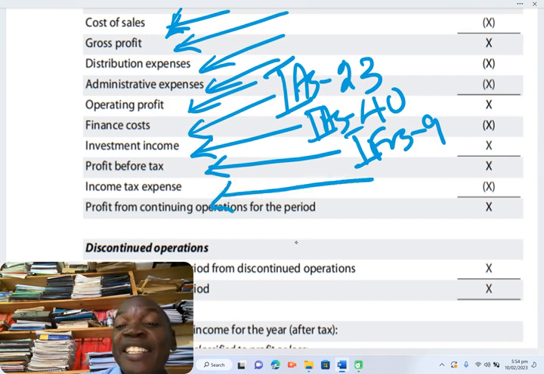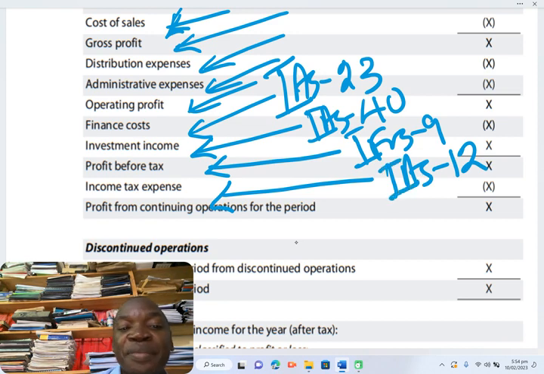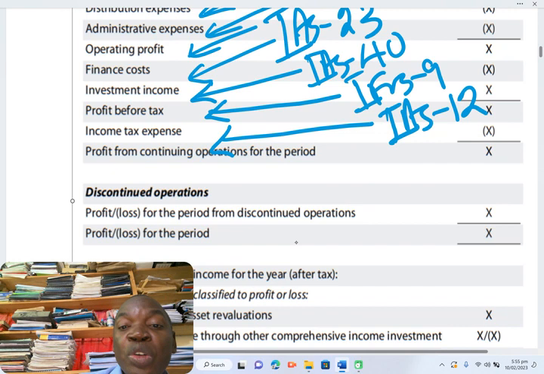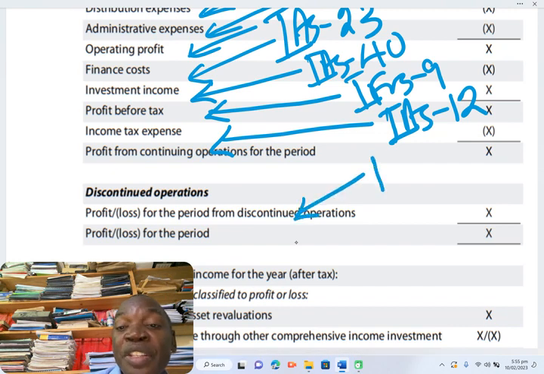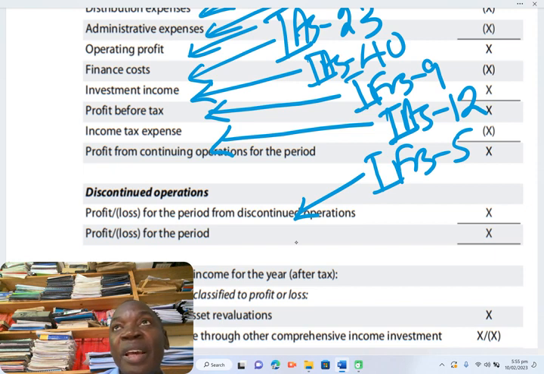Taxation, we have IAS number 12. Now discontinued operation, this is with IFRS 5, if you had an asset held for sale or you want to discontinue the operation.